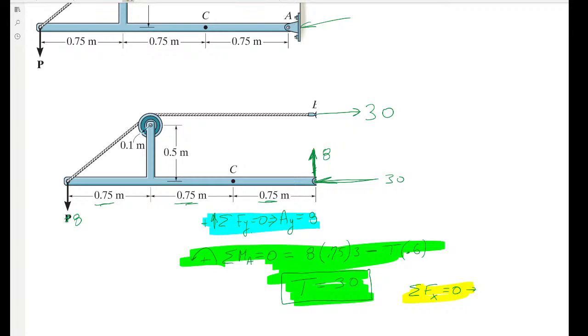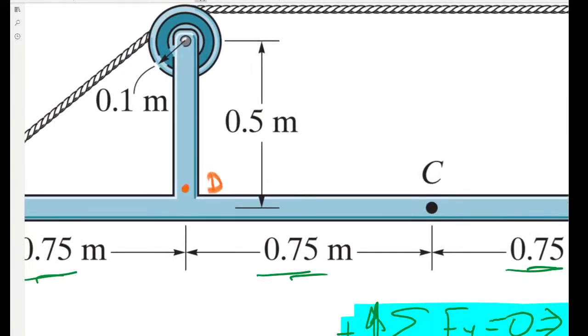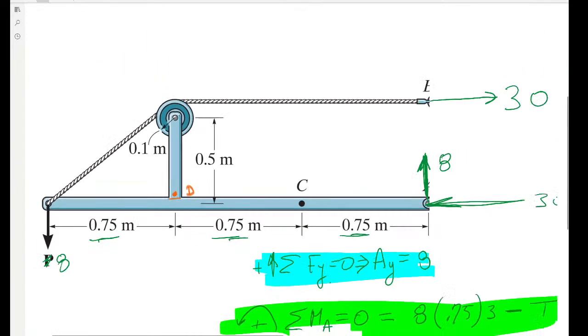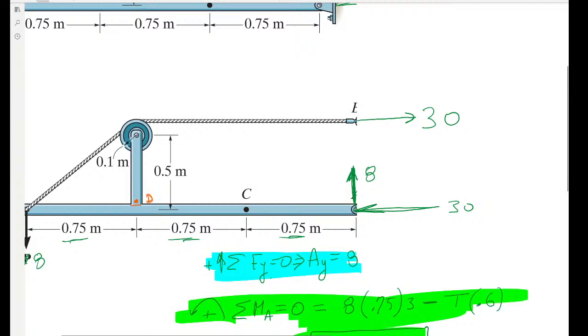I'm going to pick a more interesting point, the point that sits right here. Since he has an A, B, and a C, I'll call this point D. That's more interesting to me. So if someone were to say that D is slightly above this little crevice right here, just instantly above it, what are the internal loads on D?